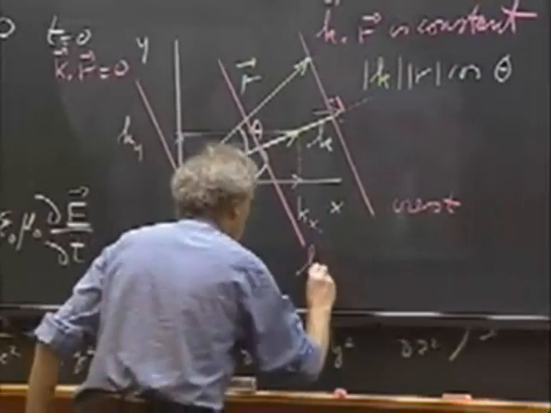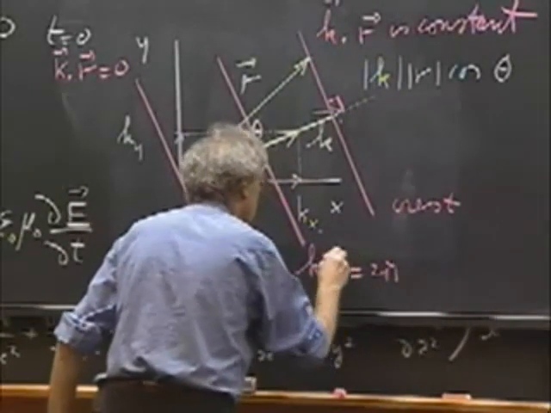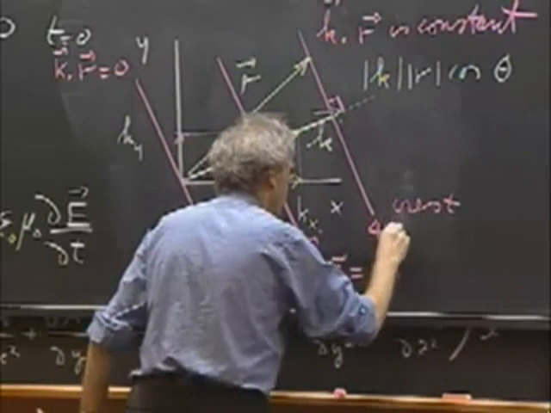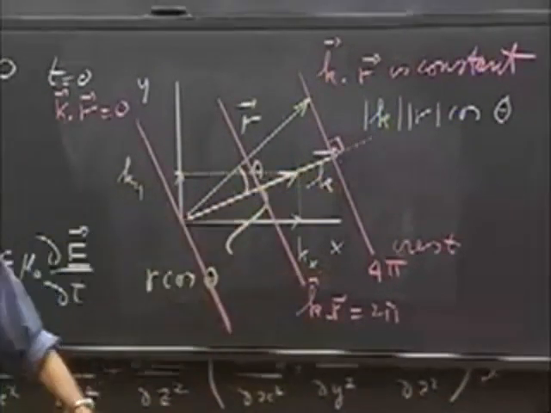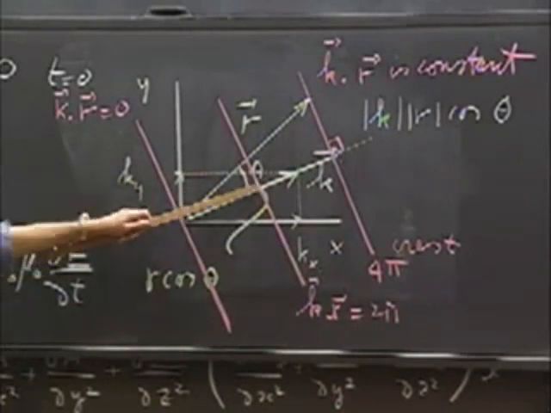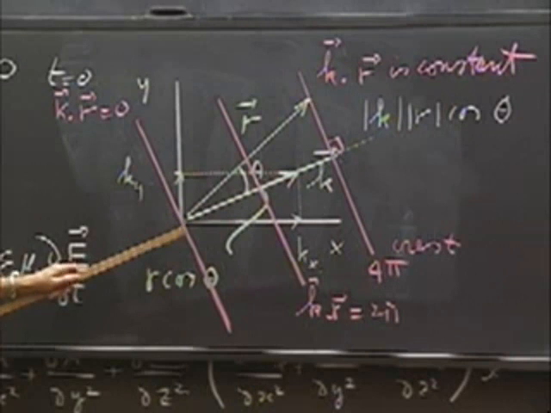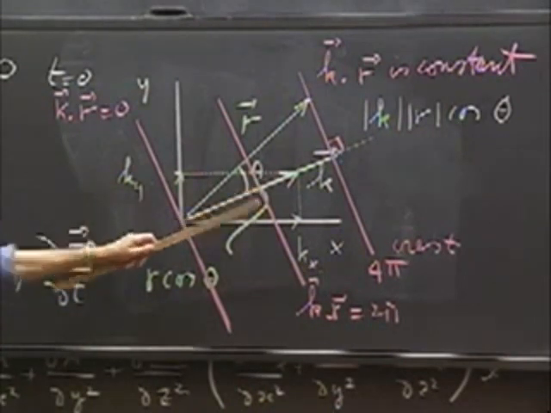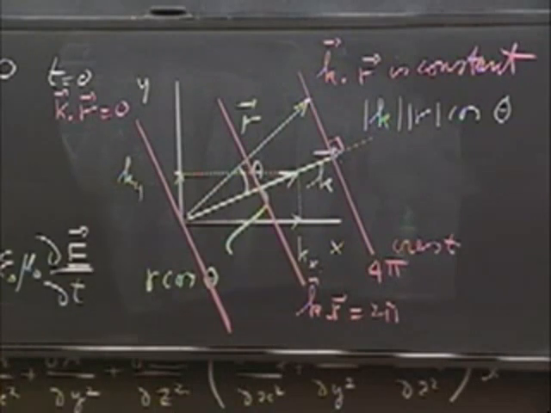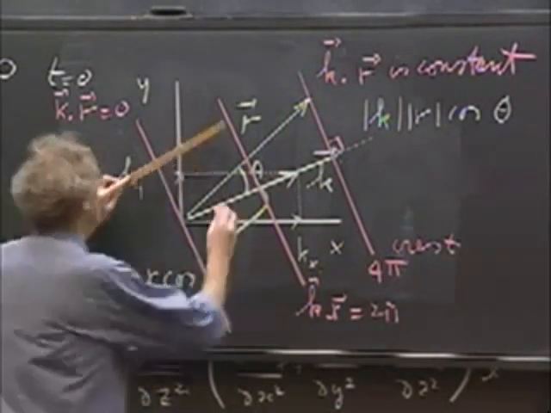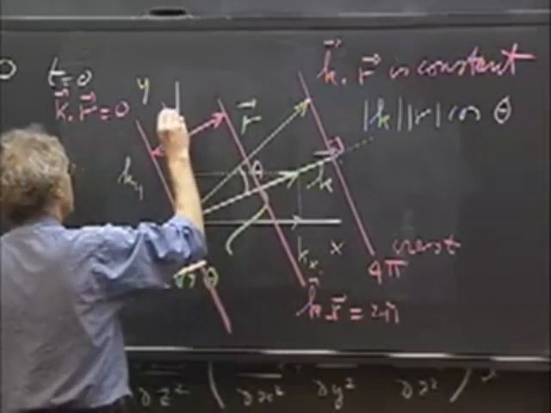So k dot r here is therefore 2 pi, and k dot r here is 4 pi. Because this now represents a wave. This is the full wavelength of the wave where E is a maximum in your direction, E is a maximum in your direction, E is a maximum in your direction. In other words, this here is my definition of lambda.